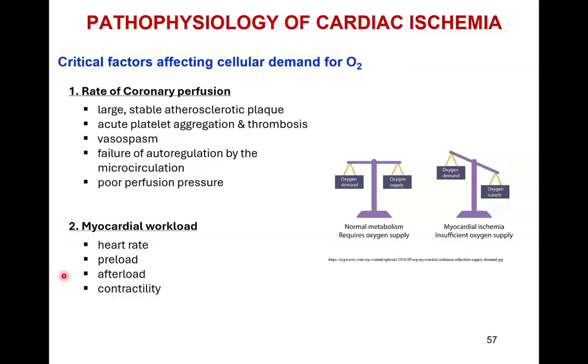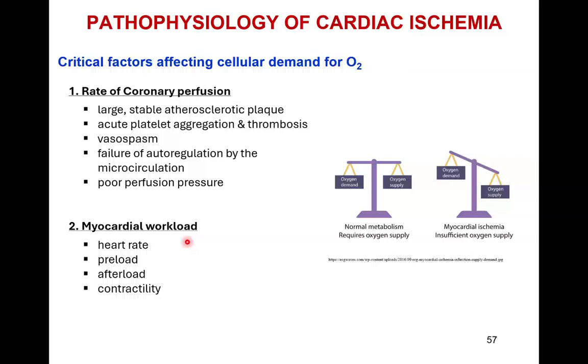What can affect demand is going to be the myocardial workload, how hard the heart is working, right? So if you increase heart rate, if you increase preload, what's preload? It's your end diastolic volume. So the bigger your end diastolic volume is, the more your heart has to stretch to accumulate that volume. That's more work for the heart.